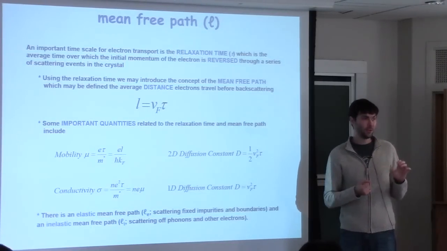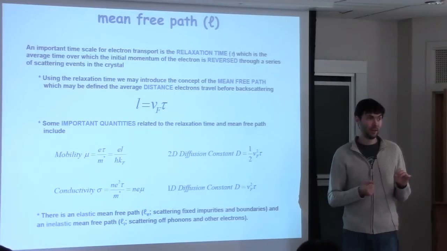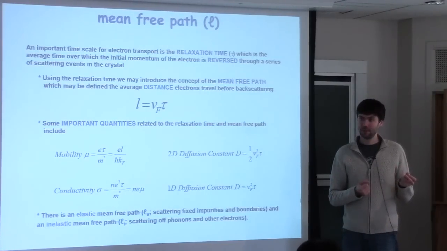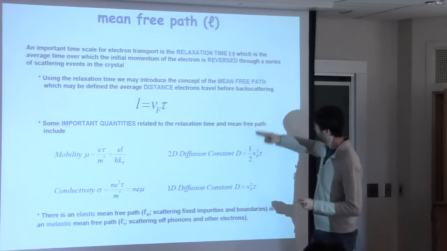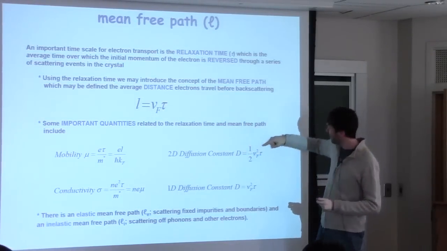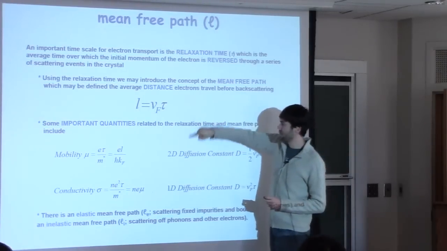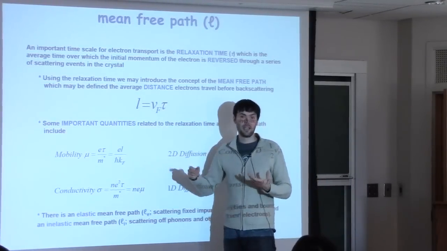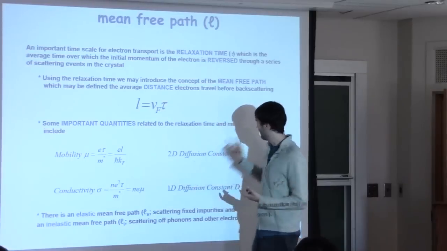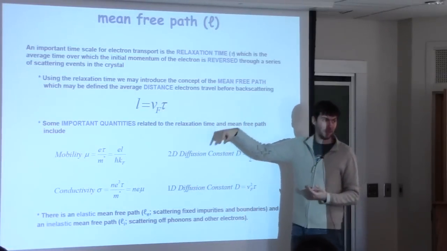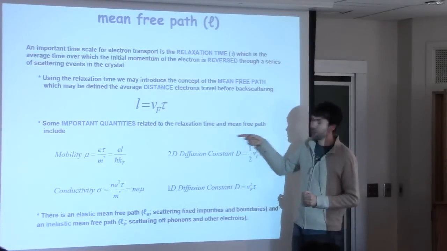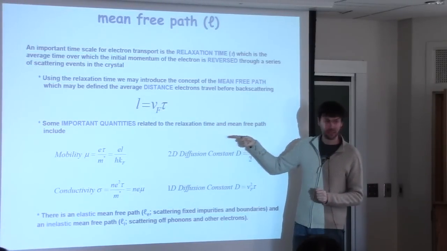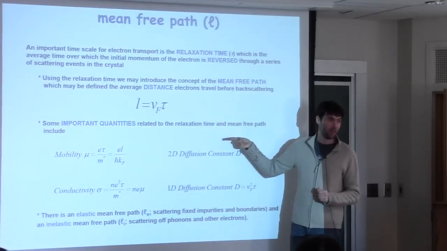Unless the scattering off the surface is of a specular nature. If between these lines is the confinement and the electron makes a perfect specular reflection, then even though the momentum flips after each event, these events are really not randomizing the motion. I could just ask, when does this momentum get randomized?